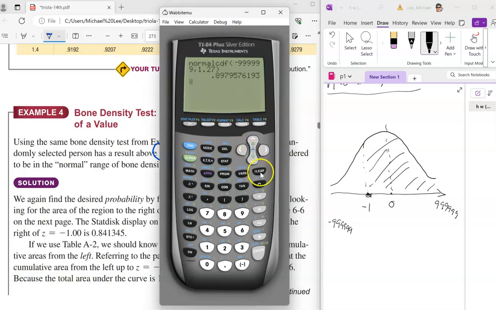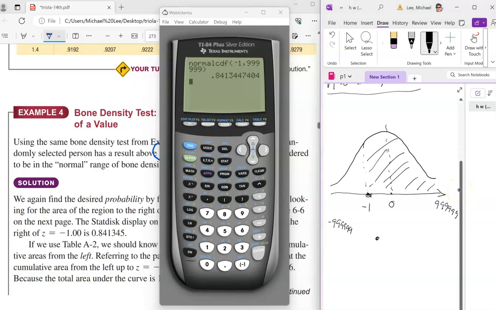Clear that. So you do second vars, and normal CDF. Always small number first: -1, comma, big number, all the way to the right, 999,999.